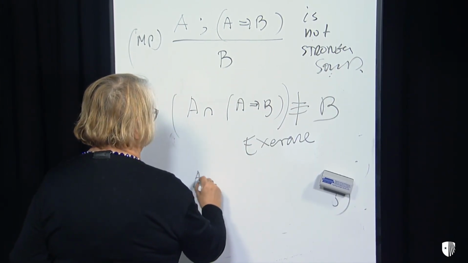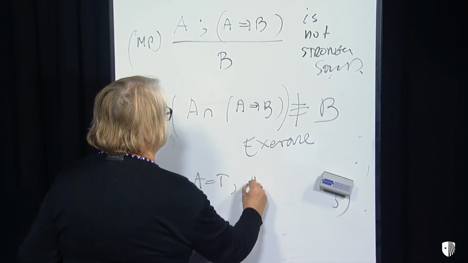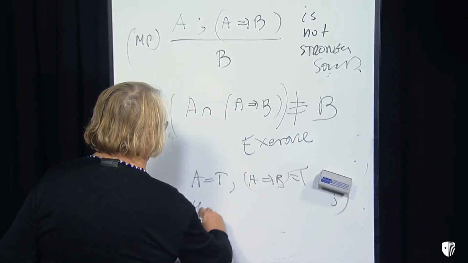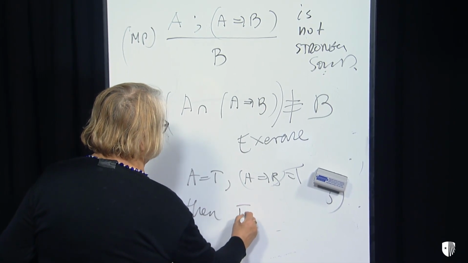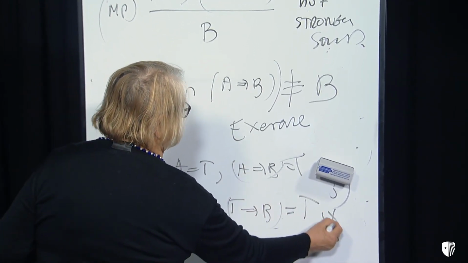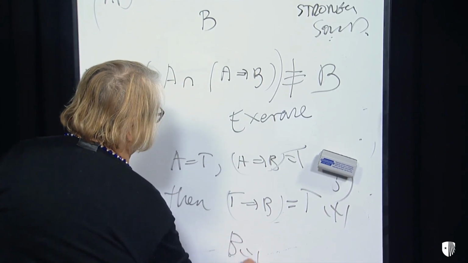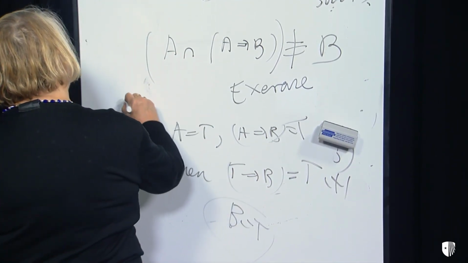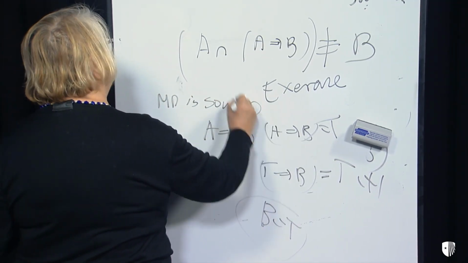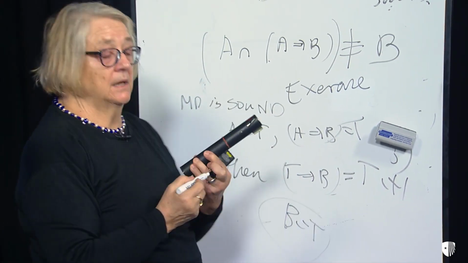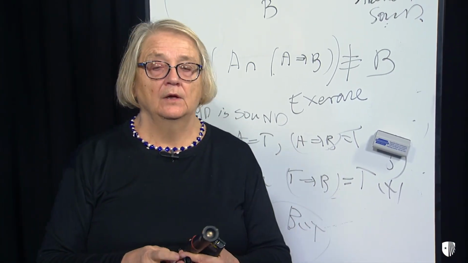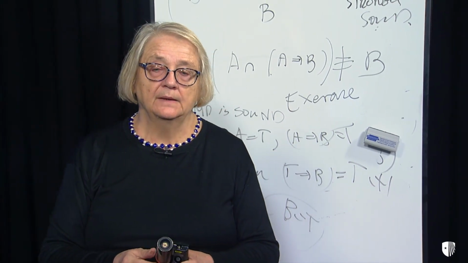But if you have that A is T and A implies B is T, then we get that T implies B is T, which holds if and only if B equals T. So modus ponens is sound, but it's not strongly sound. So we have a new notion of strong soundness.